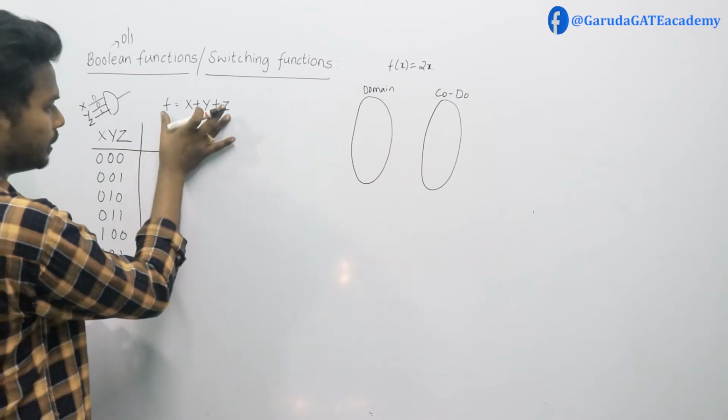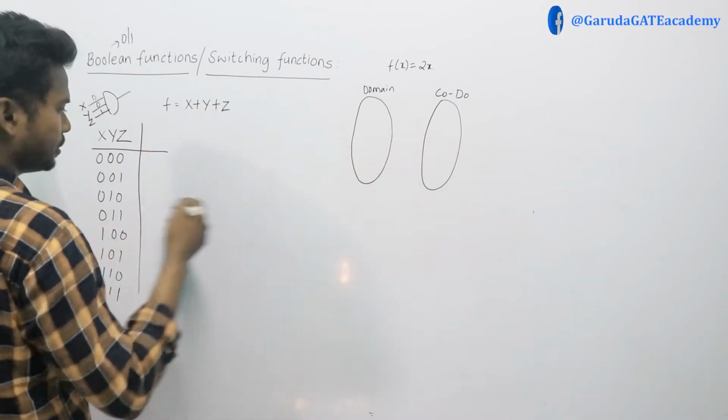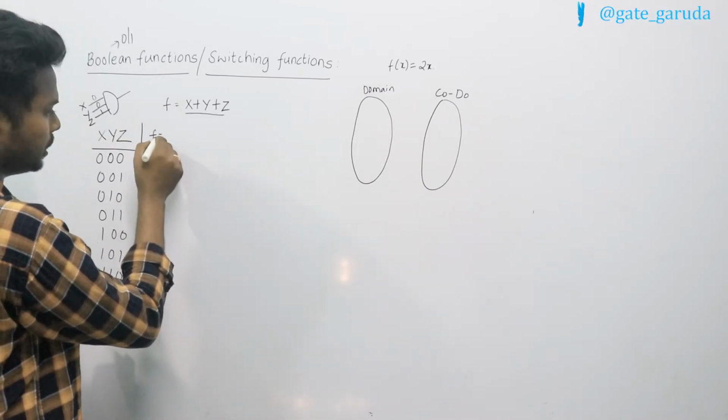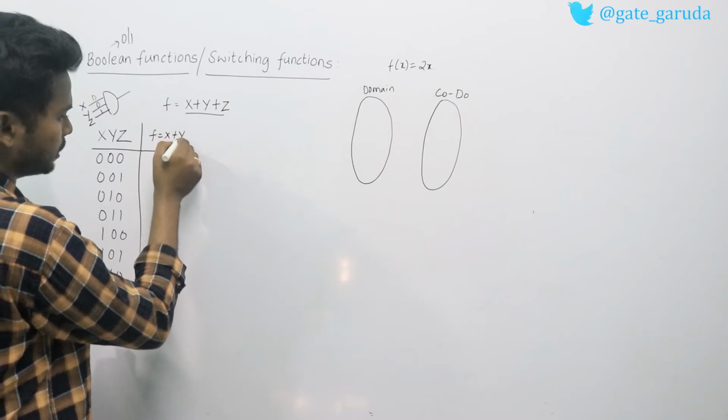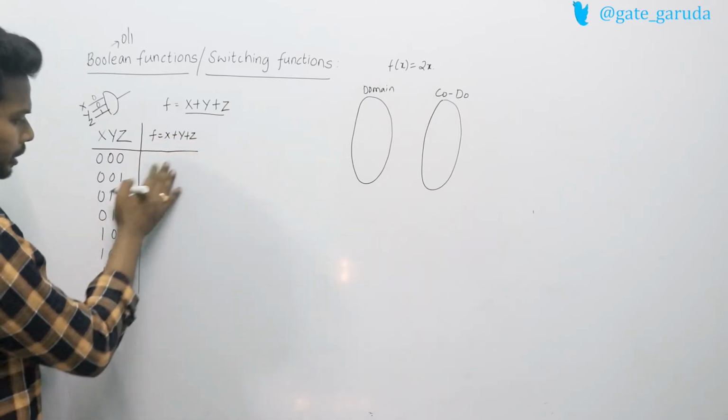So using this function, we will try to fill the codomain elements. So what are the codomain elements here? Using this function f is equal to x plus y plus z, we fill out the codomain elements.